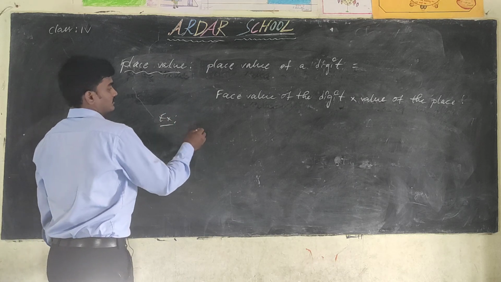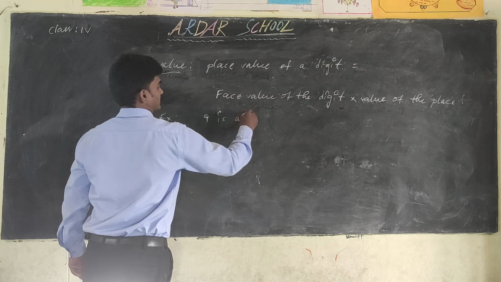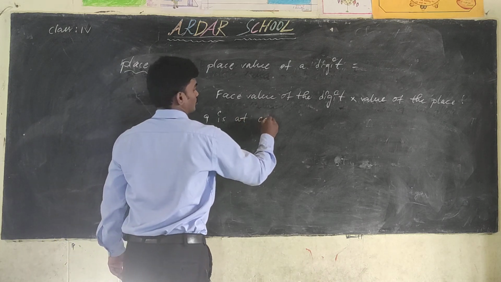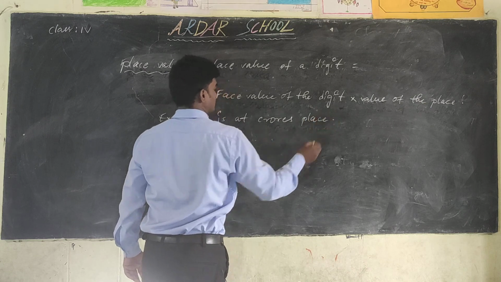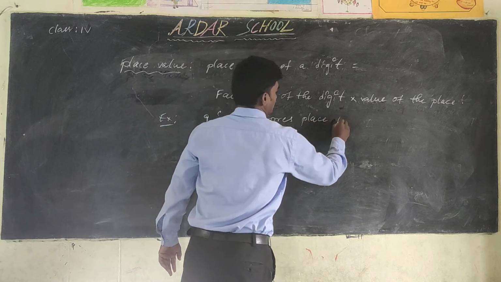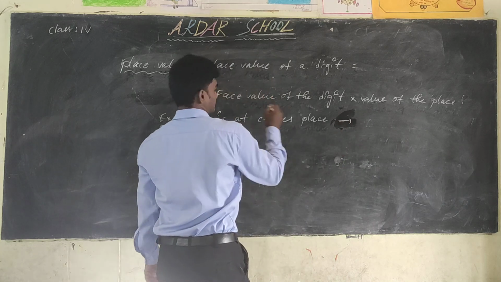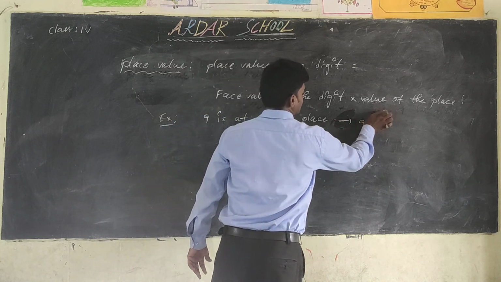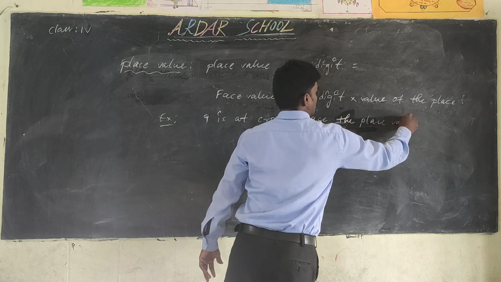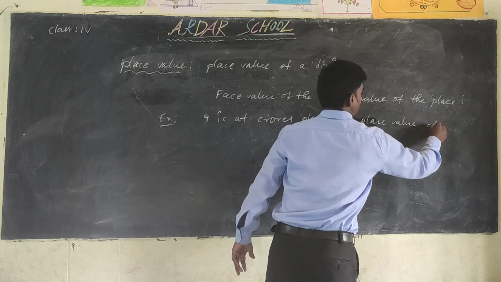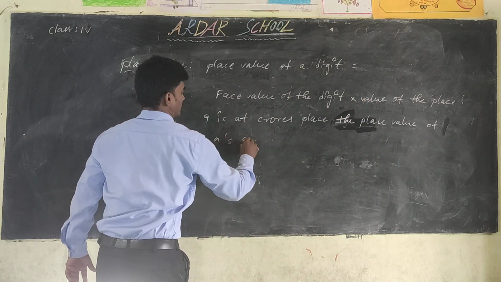If 9 is at crores place, the place value of 9 is 9 crores.